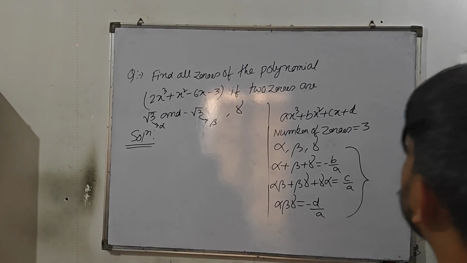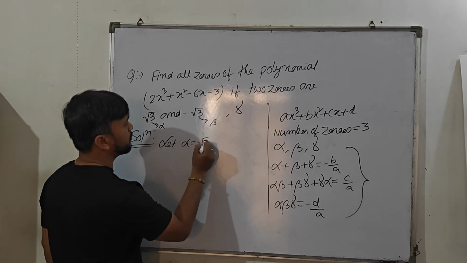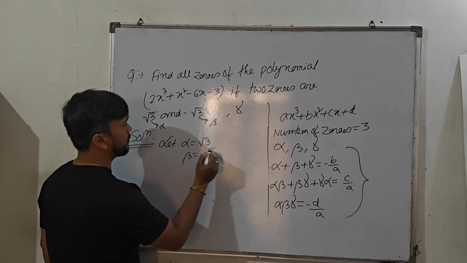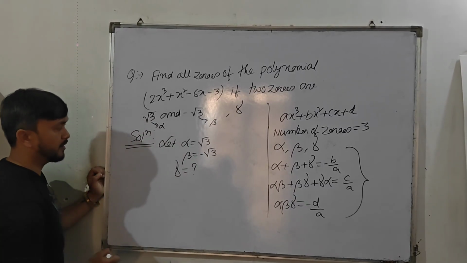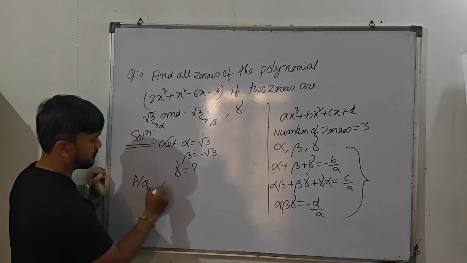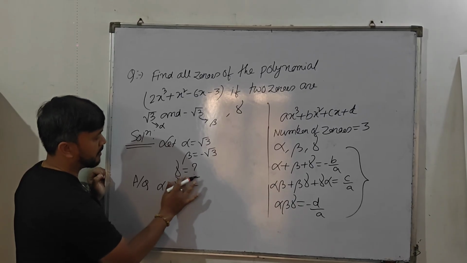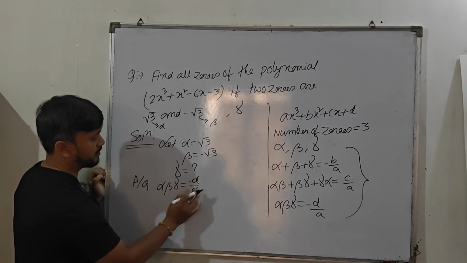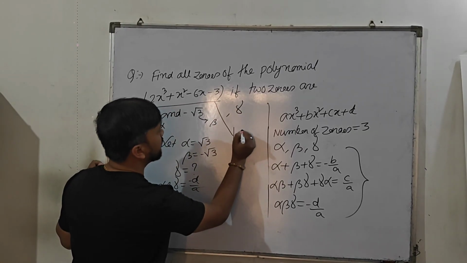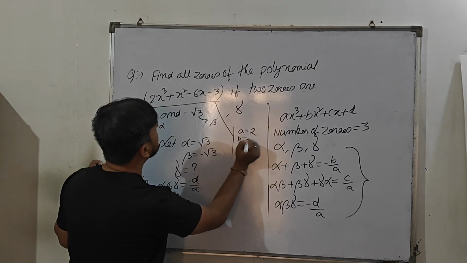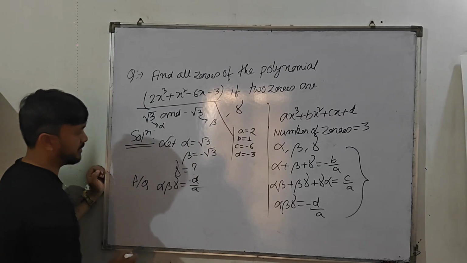So two zeros are given. Let alpha is equal to root 3, beta is equal to minus root 3, gamma question mark. According to the question, alpha plus beta plus gamma is minus b by a. For this polynomial, the value of a is 2, b is 1, c is minus 6, d is minus 3.